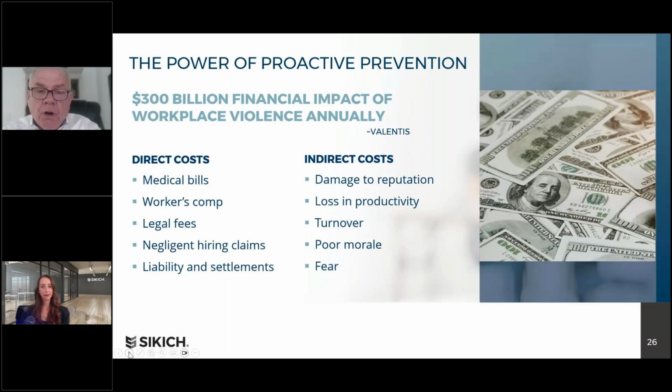We're equipping our best, most important asset, the eyes and ears of your company, your people. Kroger, after implementing a comprehensive workplace violence prevention training program, reported a decline in violent incidents across its stores, leading to lower security-related costs and fewer liability claims. And I, for one, any of you that frequent Starbucks or Kroger, you should have a little more peace of mind that they have these programs in place.